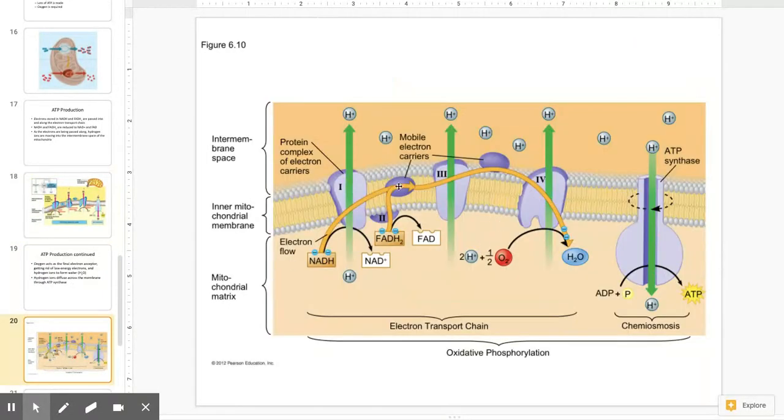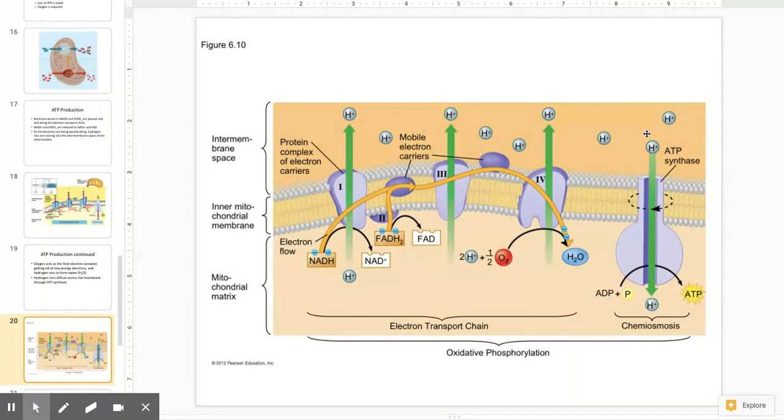And we can see that again here. I really like this picture. Here's our NADH and FADH2 donating their electrons. They're getting passed along. Hydrogen's getting pulled across from the matrix to the inner membrane space. At the end of the flow here in the electron transport chain, oxygen accepts those electrons, snags some hydrogen, and water is created.